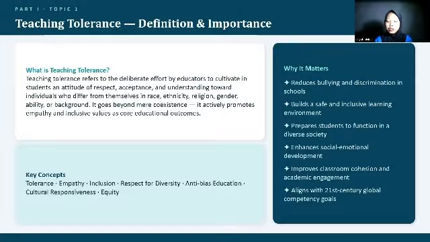Third, prepares students to function in a diverse society. Fourth, enhances social-emotional development. Fifth, improves classroom cohesion and academic engagement. Sixth, aligns with 21st century global competency goals.